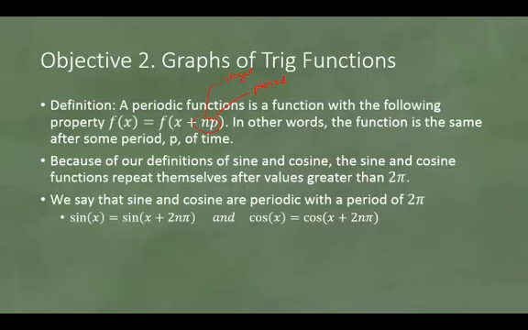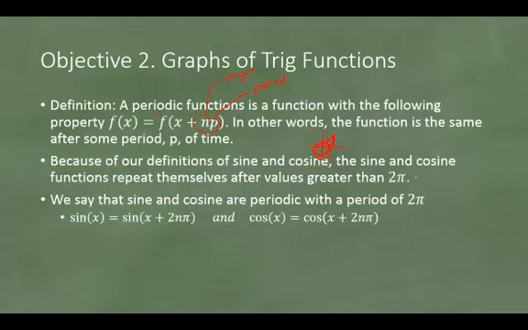Because of our definitions of sine and cosine, sine and cosine repeat themselves after values greater than 2 pi. Remember that we defined sine and cosine as these ratios of these triangles, depending on whatever angle we're looking at. And we said that after 360 degrees, or after 2 pi, we get the same triangle over and over again.